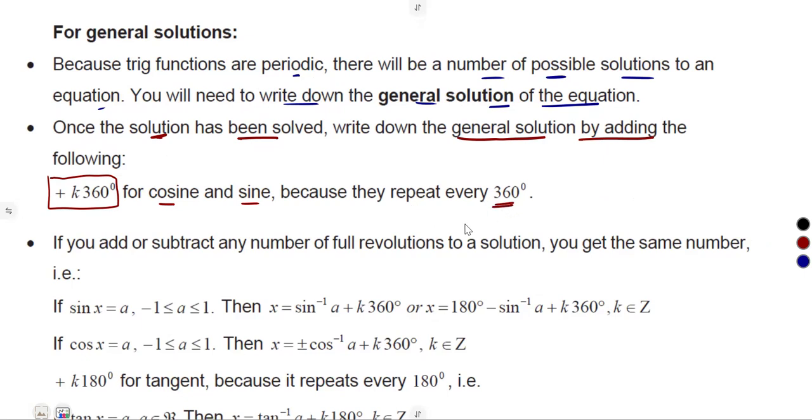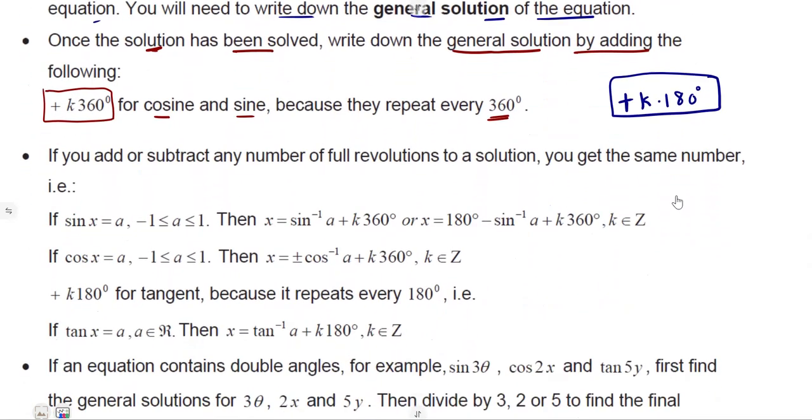That's the period of the graph of a sine and a cos. For a tan, we add k times 180 degrees, because the graph of a tan repeats after 180 degrees. That's its period. So this is what you're going to have.